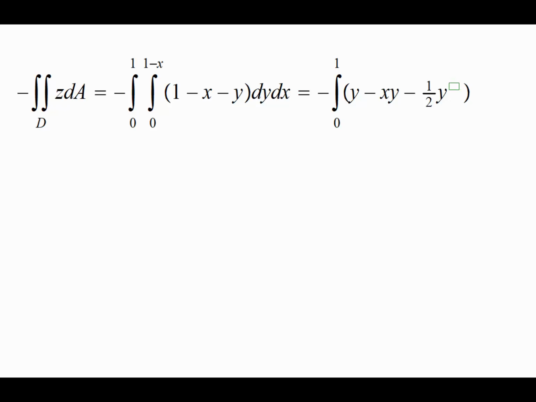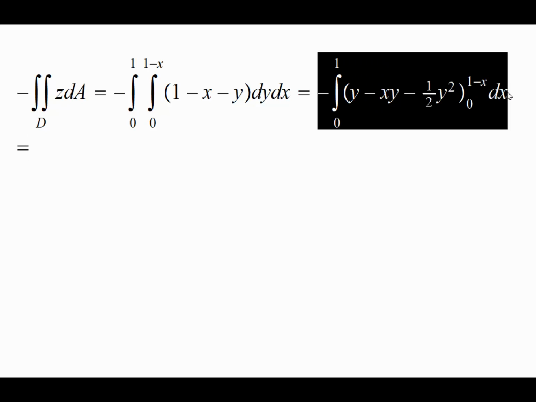And here the upper limit is 1 minus x. The lower limit is how much? That's 0. And then we have dx. So this becomes equal to, what will this be?